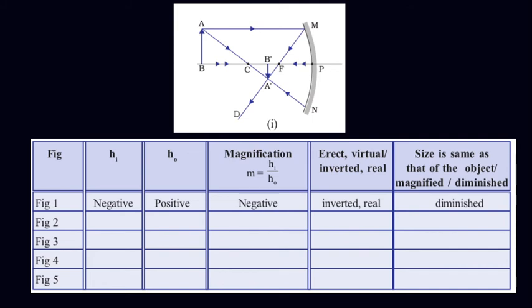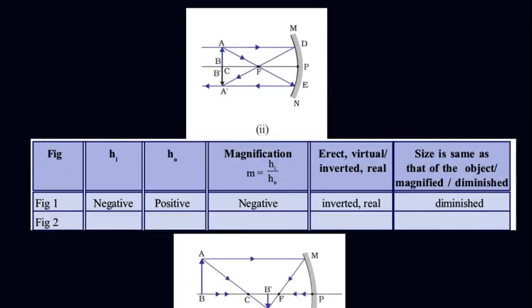If both are negative, positive, and if both are positive, positive. Now it is 1, that is HI is negative. Since HI is negative, magnification m is a negative value. Okay. What about the nature? Erect, virtual, inverted, real. Which one? Inverted and real. And what about the size? Size is diminished. Next one, figure 2, that is this one.